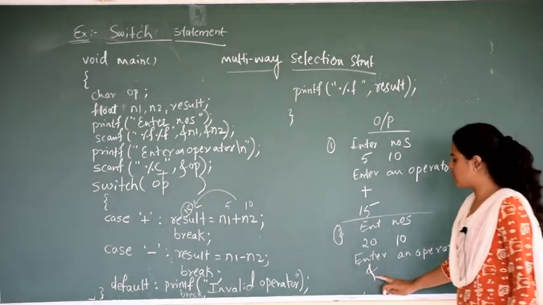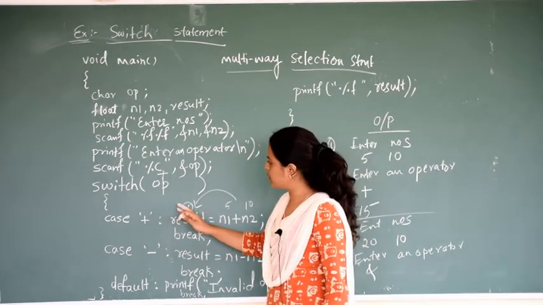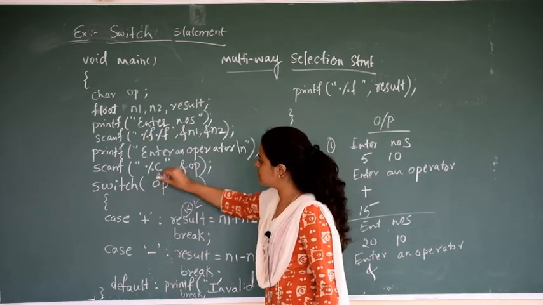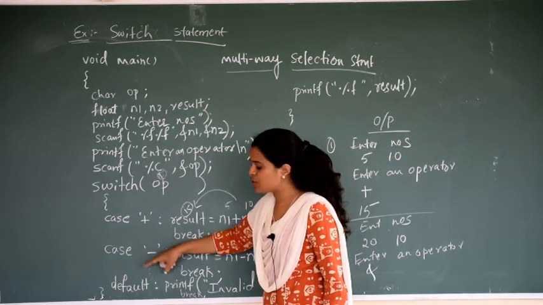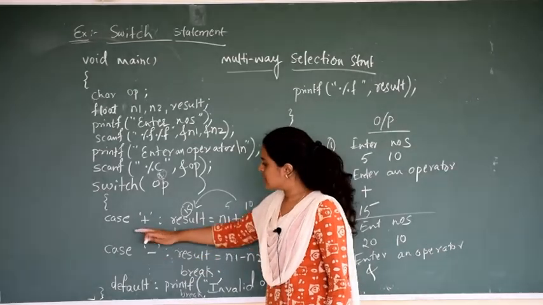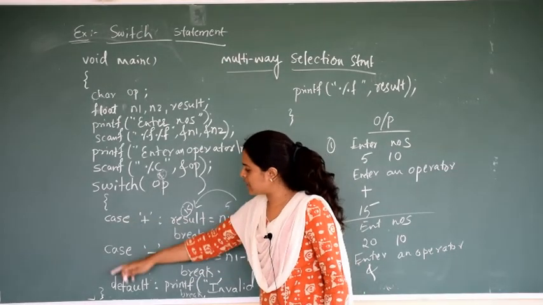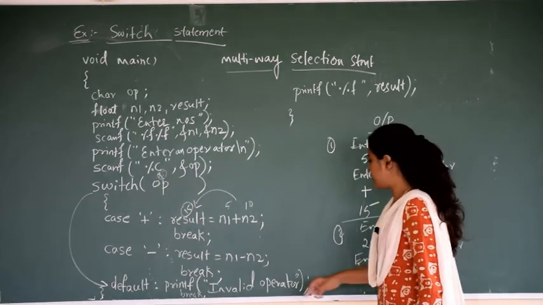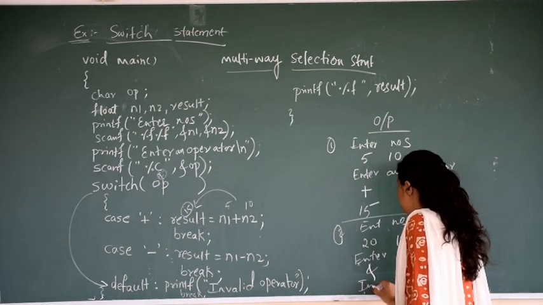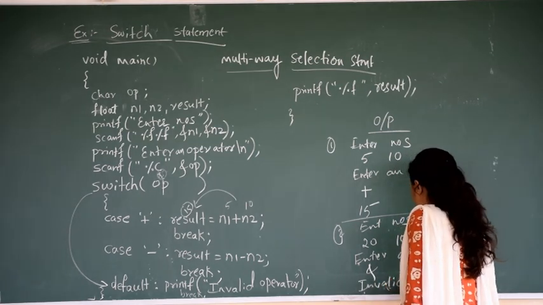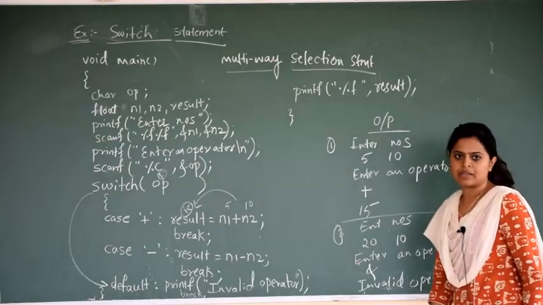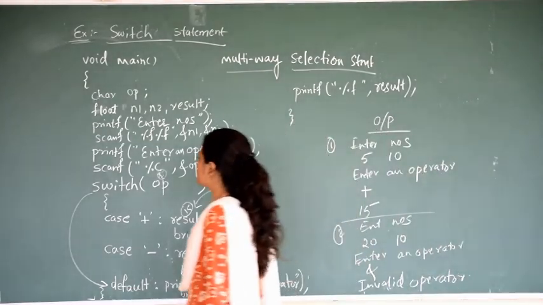This ampersand operator is not matching with any of the cases, so it will skip all the cases. Directly the control will come to the default part and print the message invalid operator on your screen. So this is how the switch statement works.